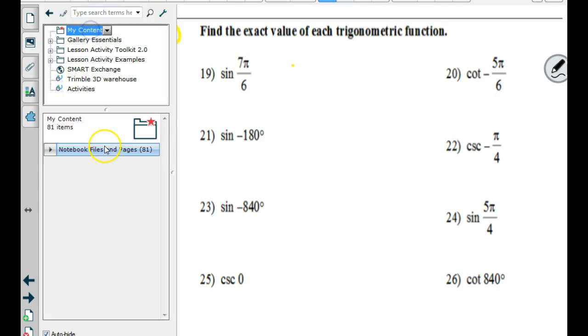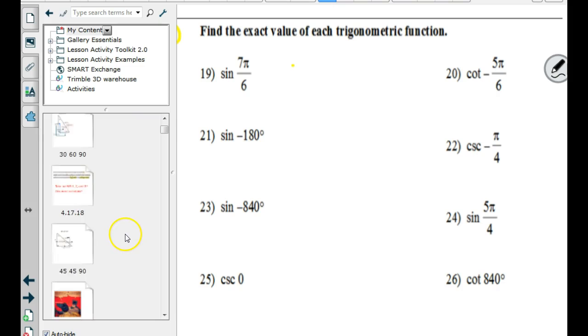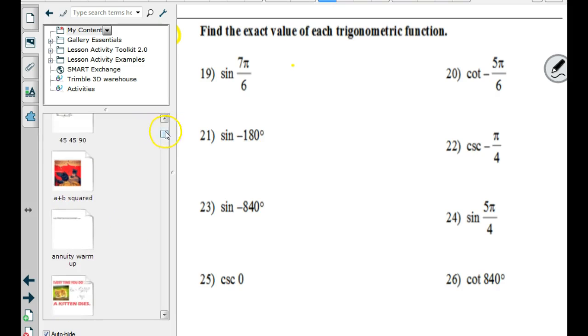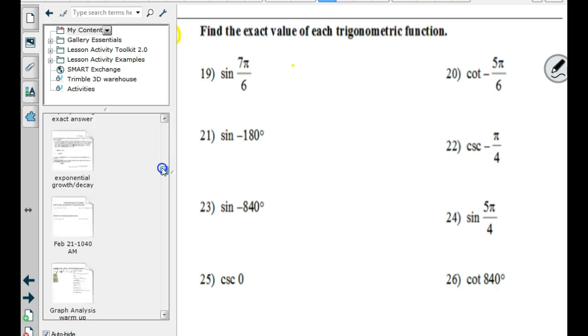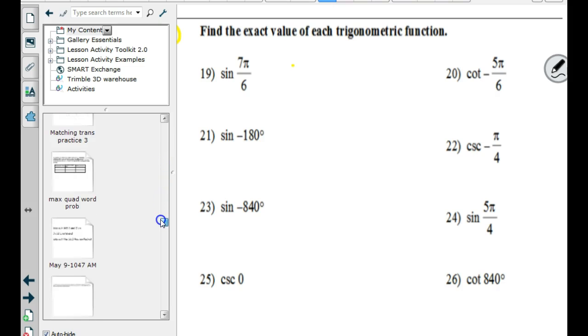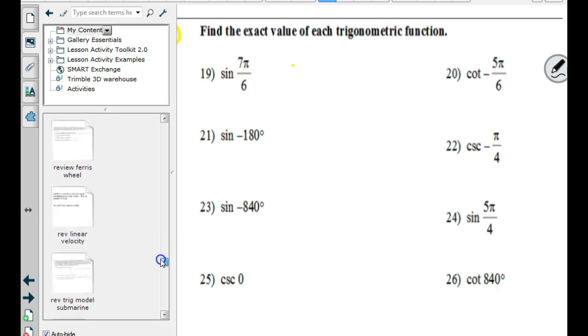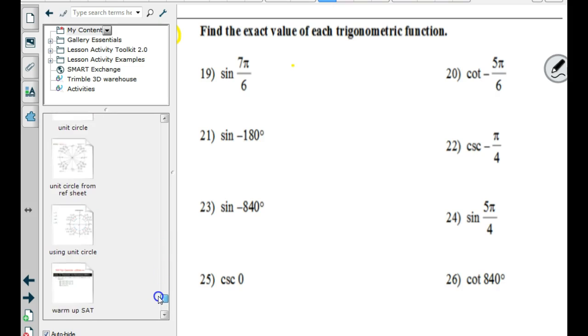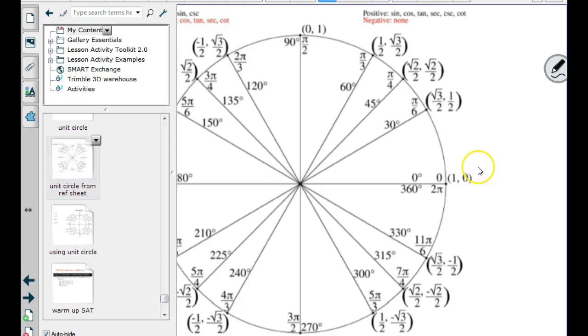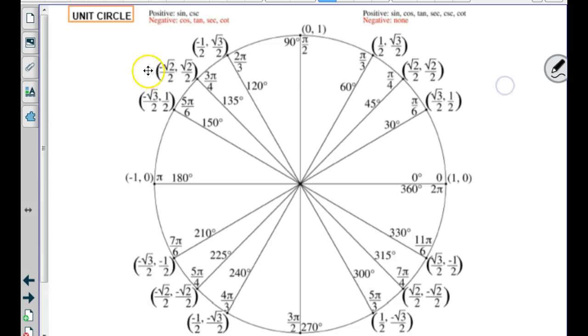Let me see if I have one real quick. I feel like I do. My little handy dandy list of extra slides. I think they're alphabetical. Where's unit circle? Using unit circle? That'll work. Okay. So let me save this quick.